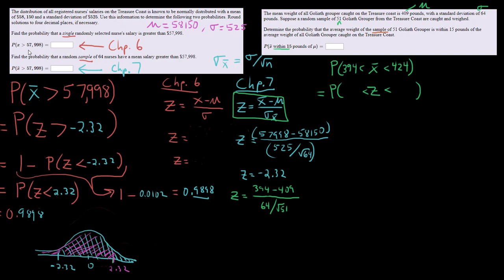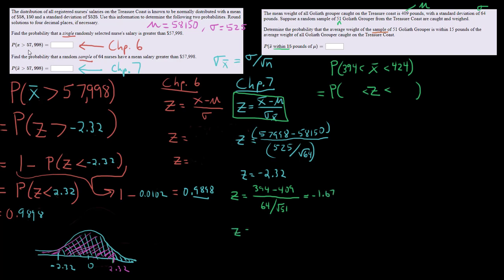Okay? Now, real fast, I'm going to punch that into a calculator. Make sure to put parentheses around your numerator and your denominator, or else your calculator might not do what you're thinking it does. So this gives me a z value of negative 1.67.